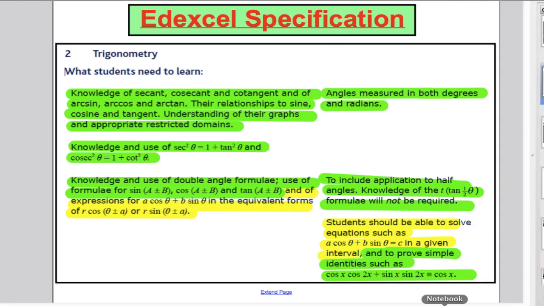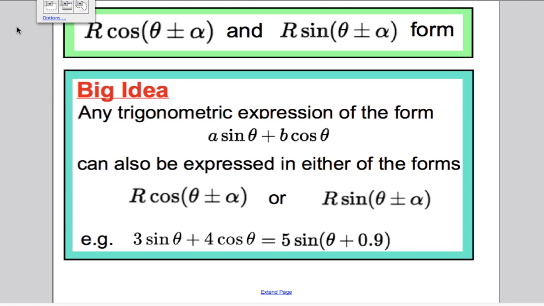So going back to our lesson here, any trigonometric expression of the form a sine theta plus b cos theta, so some lots of sine plus some lots of cos, any expression of that form can be written in either this form or this form.